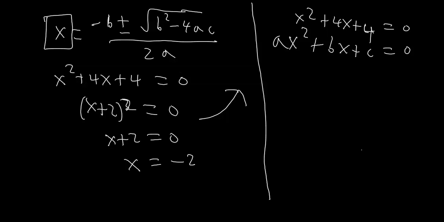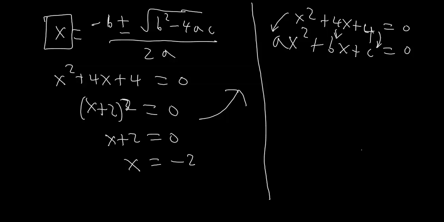It's 1, but we don't write it down since it's already implied. So 1 relates to the a, the 4 in 4x relates to the b, and the plus 4 relates to c. Now we just plug 1, 4, and 4 into the quadratic formula to get our roots.